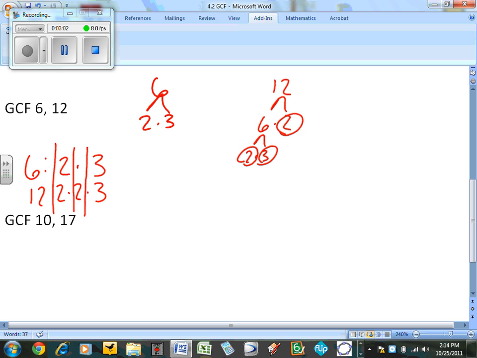Again, we put it in columns. The ones that share columns are going to be my greatest common factor. That 2 column is full, and that 3 column is full. The greatest common factor of 6 and 12 is 6. 6 divided by 6 is 1, and 12 divided by 6 is 2.